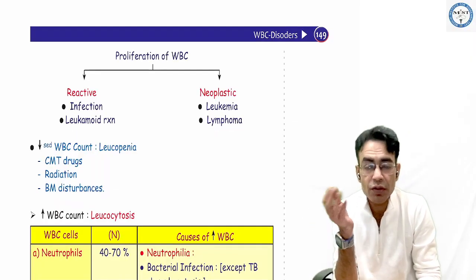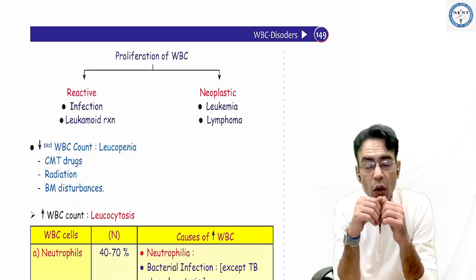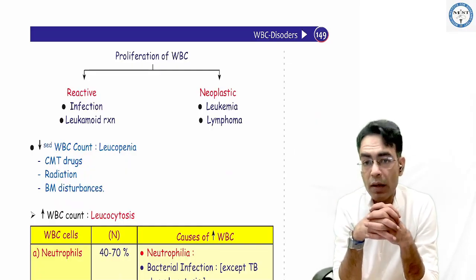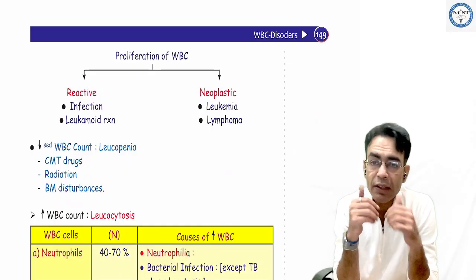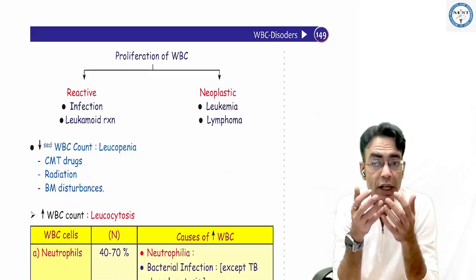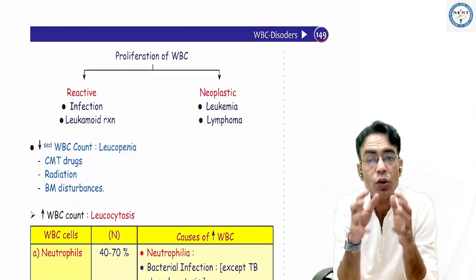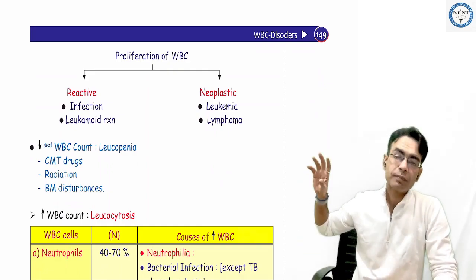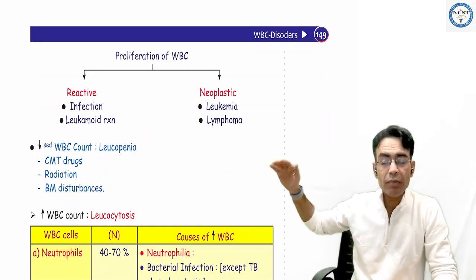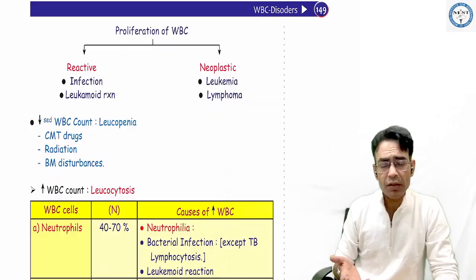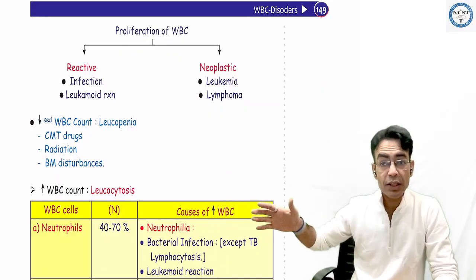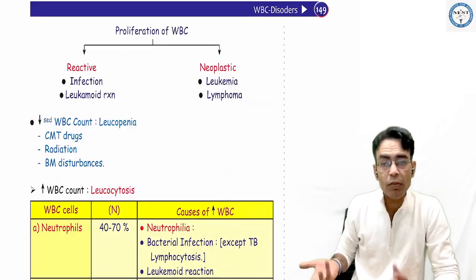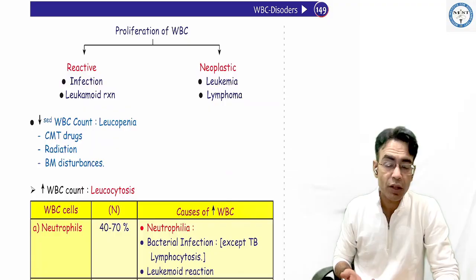Now, whenever we are talking about WBCs, the proliferation of WBC can be due to reactive proliferation, which is against infections, or leukemoid reactions, or it can be neoplastic, where it can be leukemia and lymphoma. If we have increased WBC count, we call it leukocytosis. Decreased WBC count is leukocytopenia, or leukopenia. For leukopenia, we have multiple reasons, like chemotherapeutic drugs or radiation damaging the bone marrow, or due to some reason the bone marrow is disturbed, so you're not getting WBC production.